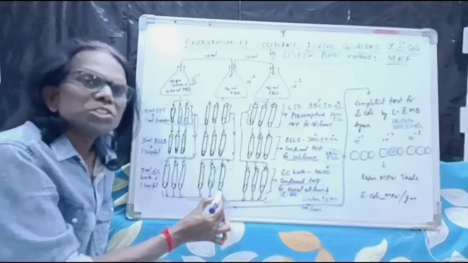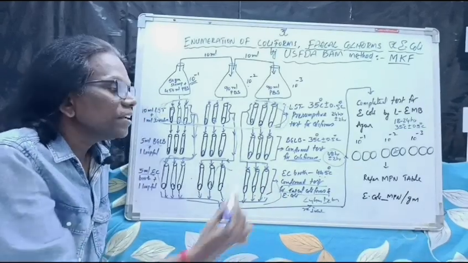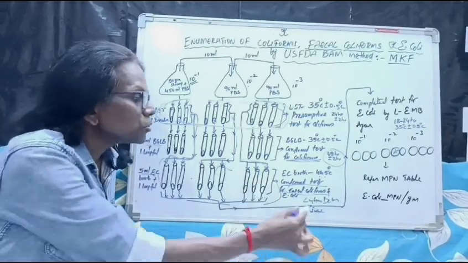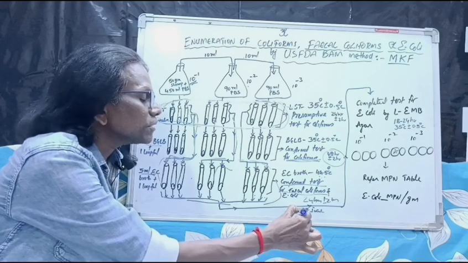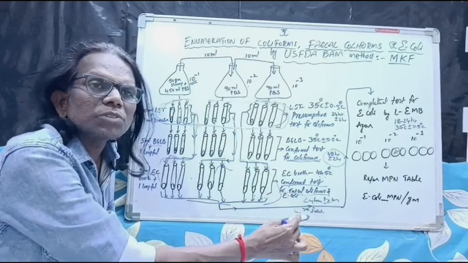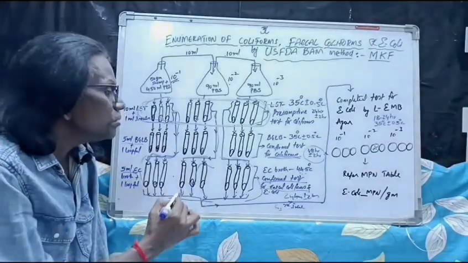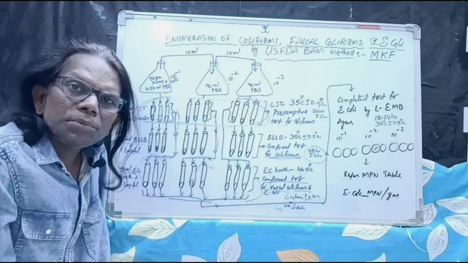If gas formation does not occur after 24 hours of incubation, re-incubate the tubes for a further 24 hours, a total of 48 hours, and observe the reading at 48 hours. If there is still no gas formation even at 48 hours, take it as negative. Whatever cultures give positive results, refer to the MPN table.